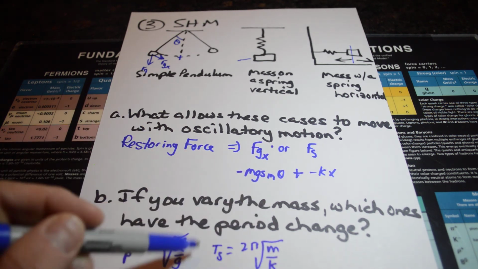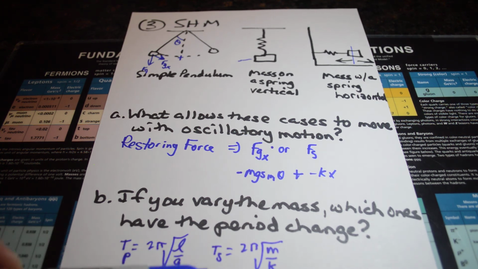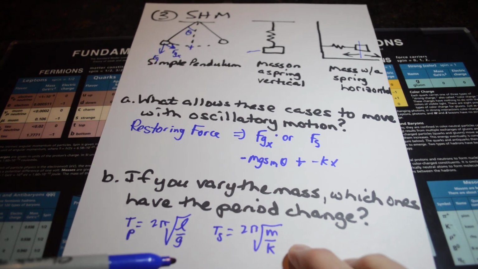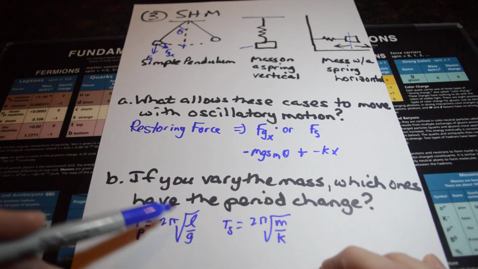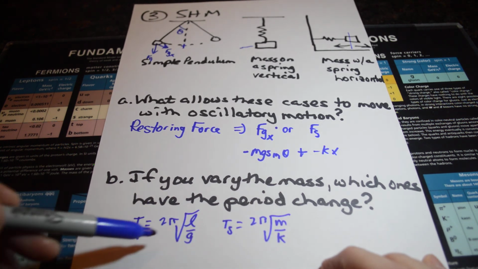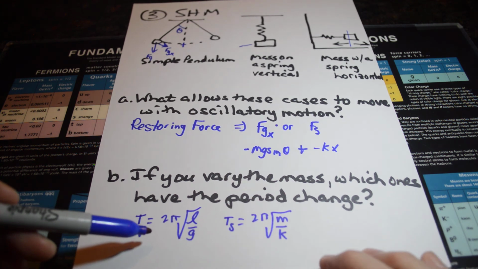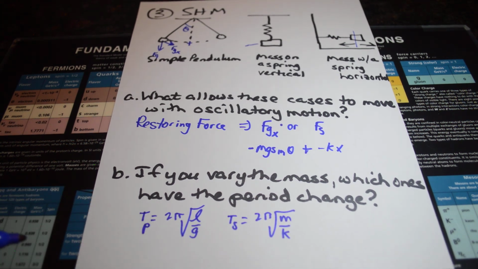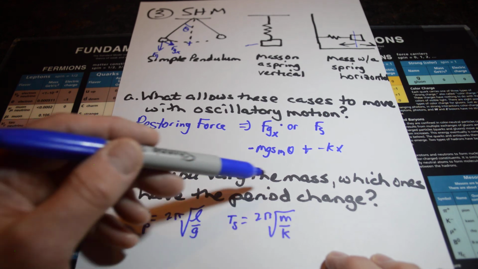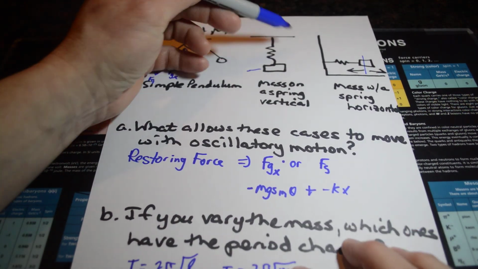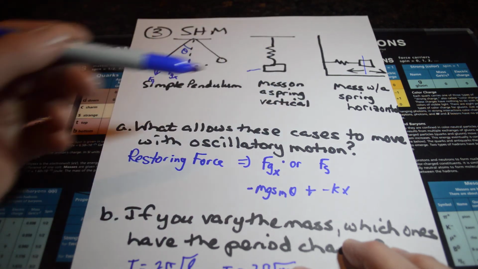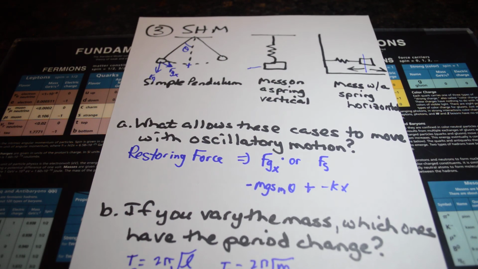So for the mass connected to a spring, the period is going to change because a mass change changes the period. But since the pendulum doesn't have the mass in it, it wouldn't matter what the mass was. You'd have the same period. So varying the mass would change the period for the mass on the spring, but not for the pendulum.